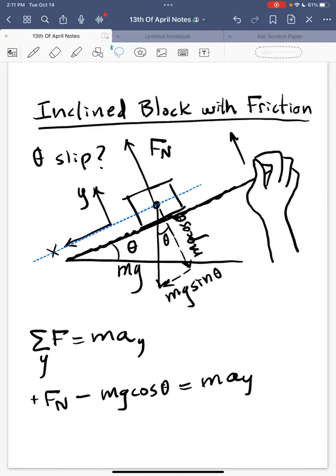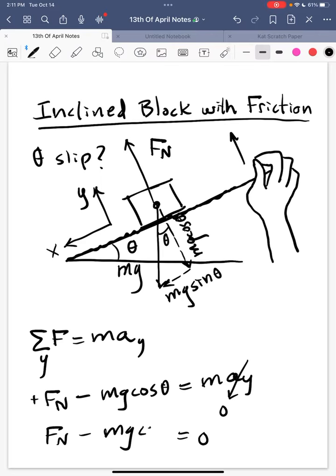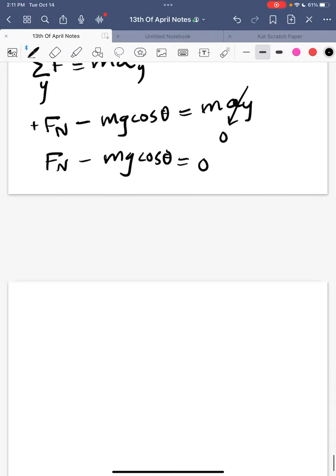Because of the way we've set up our axes, it doesn't accelerate in y at all. So the acceleration in the y direction is 0, which means the normal force minus mg cosine theta equals 0. All right? That's fine the way it is.